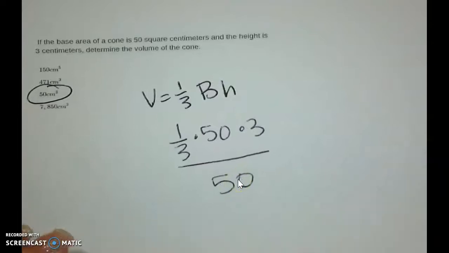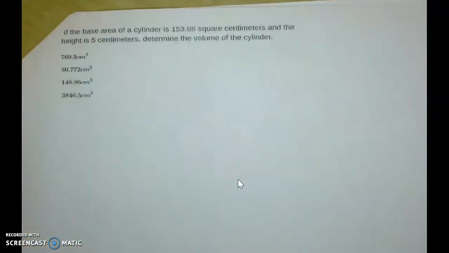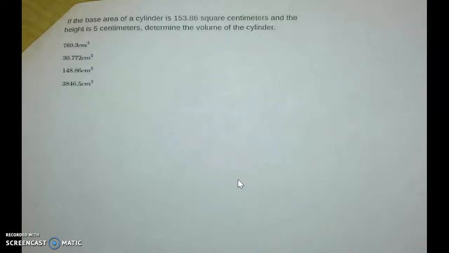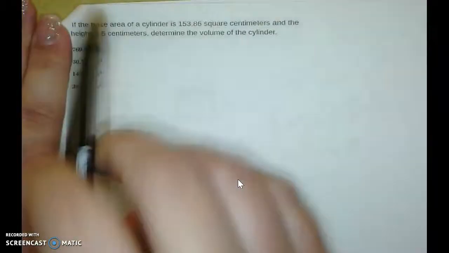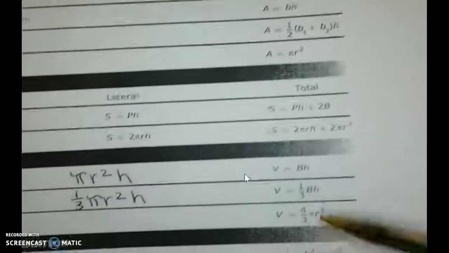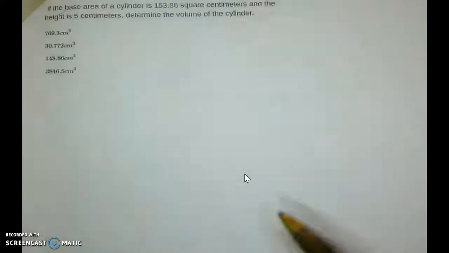All right, the next question I want to go over is this one. It says, if the base area of a cylinder is 153.86 square centimeters and the height is 5, determine the volume of the cylinder. So again, I see those words base area. That means that I'm using one of these formulas over here. This was a cylinder, so it's this top one.